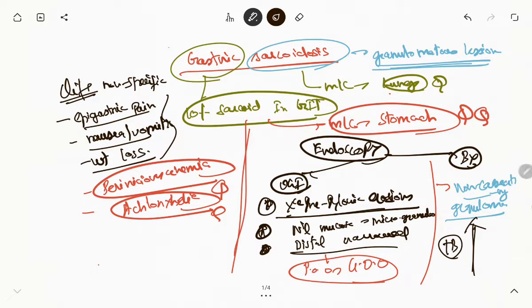The other differential diagnosis would be Crohn's. You have to rule out these two other granulomatous lesions, which are also chronic conditions with non-specific symptoms.